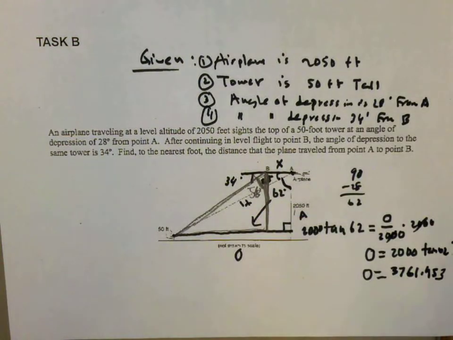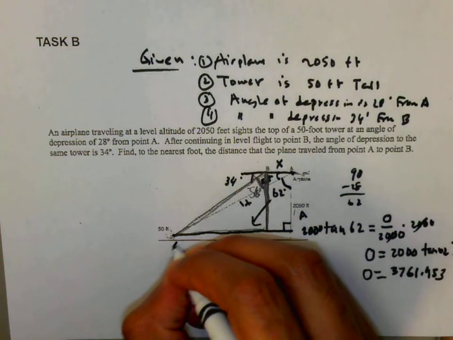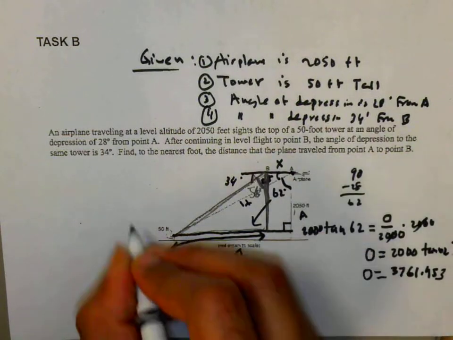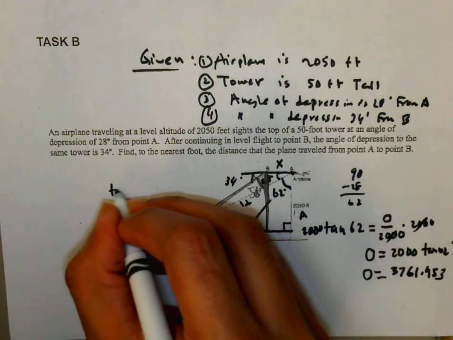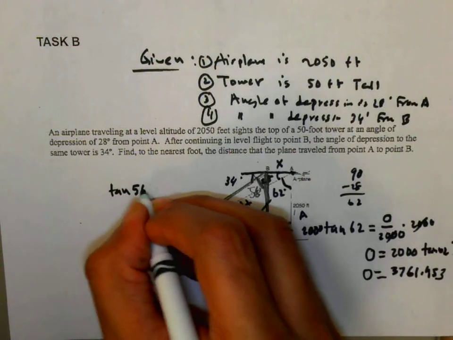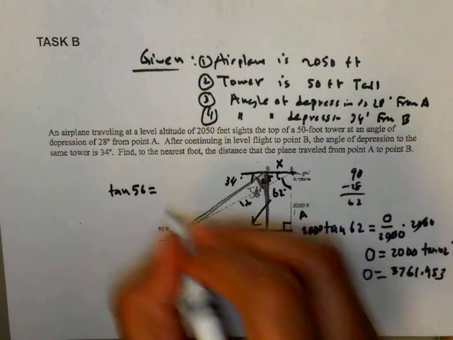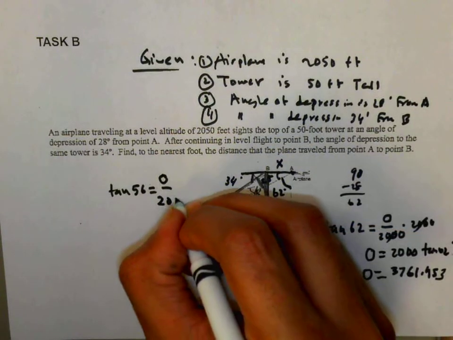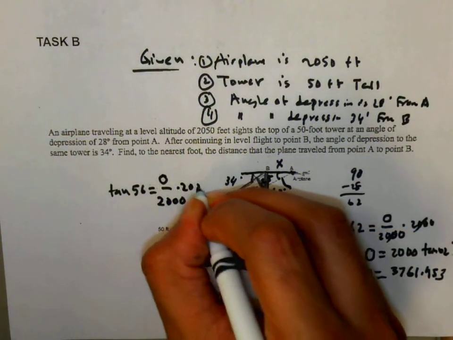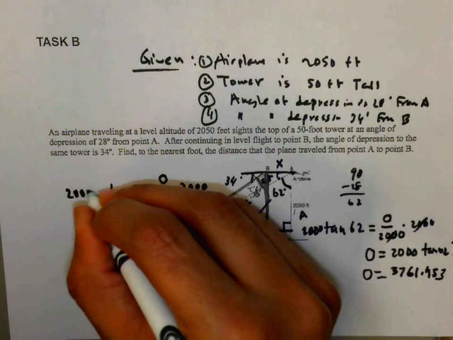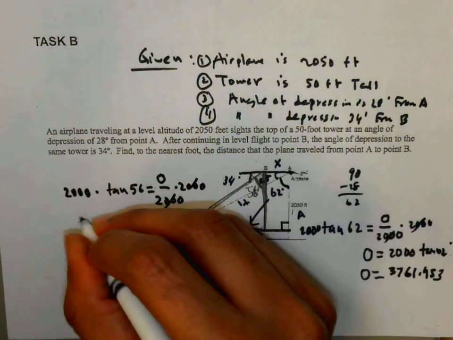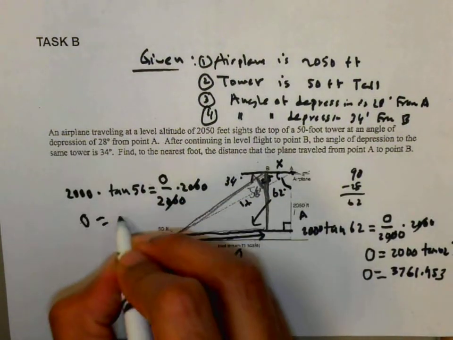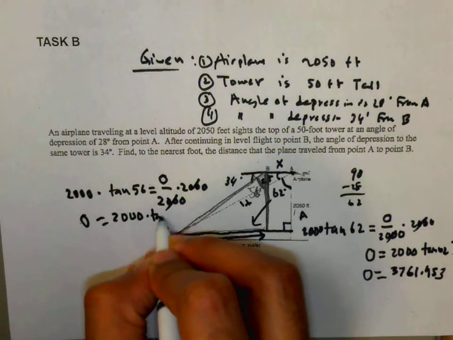Again, we use tangent because we're looking for this side now. So it's going to be tangent of 56 equals O, which is this side, divided by A, which is still 2,000, and multiply both sides by 2,000. This will cancel out. So O is 2,000 multiplied by tangent of 56.